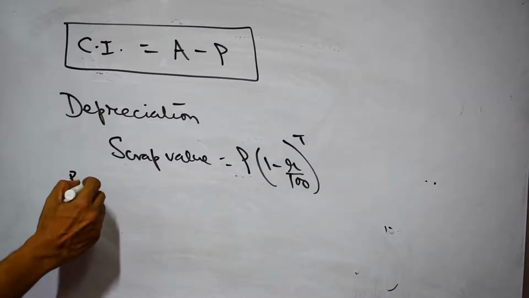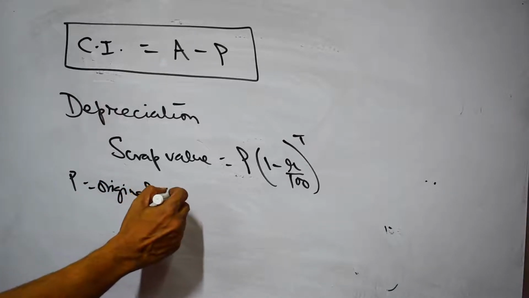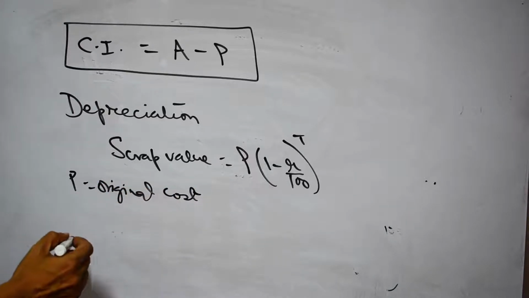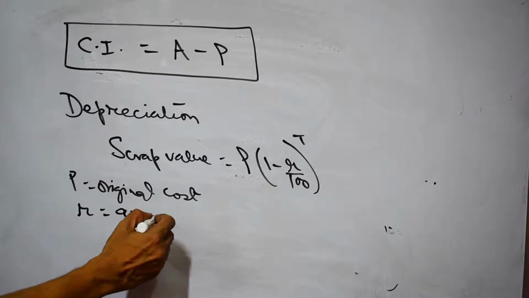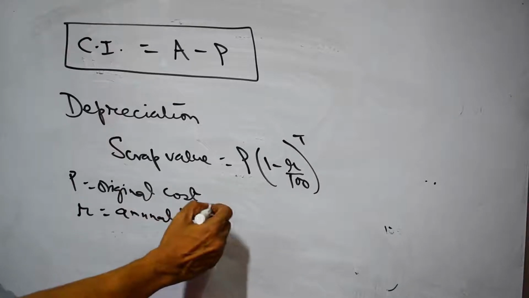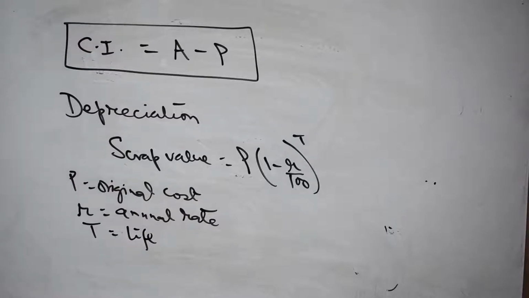So P is the original price, the original cost of the machine or whatever the item is. R is the annual rate of depreciation, and T is the life or expected period of the item or the machine, whatever it is.